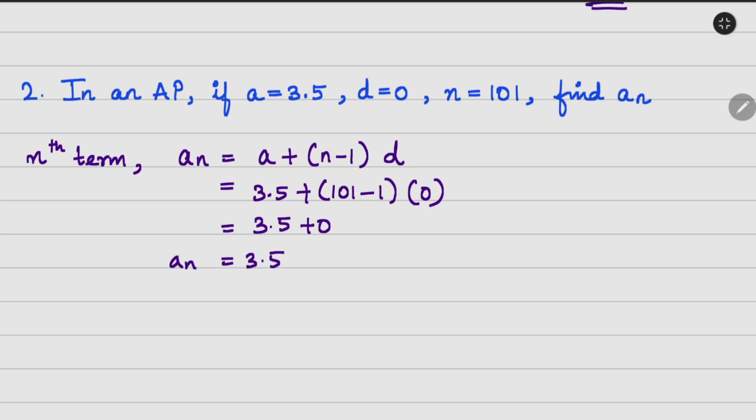That means the difference is 0, right? There is no difference between the terms. So your AP is going to be the same term, 3.5, 3.5, and it goes on. The last term will also be 3.5. The difference between any two terms is 0. That means the terms are repeated in this particular sequence. Let's move on to the next question.